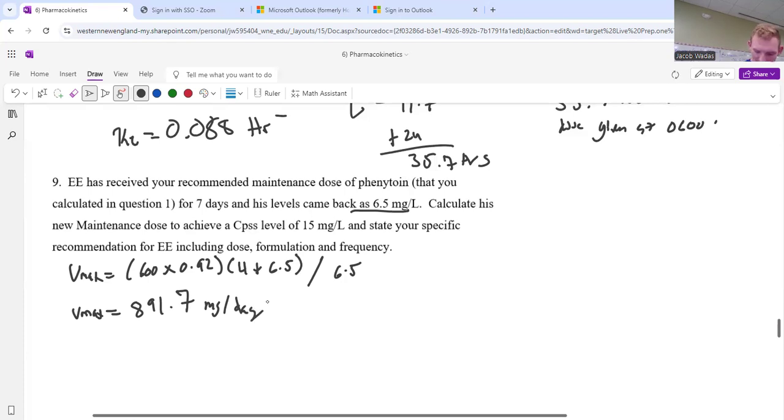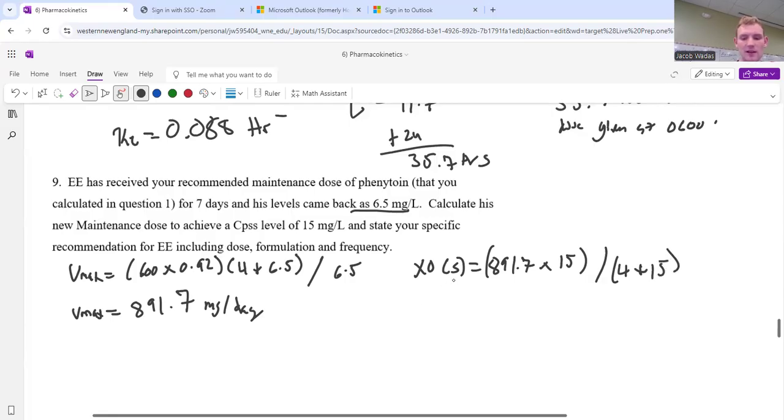Okay, so now that we have the Vmax, we can calculate our new dose. So new dose is XO times S equals Vmax, which we calculated to be 891.7, times desired C peak steady state, which in this case is 15, divided by the Km, which is 4, plus C peak desired, which is 15.